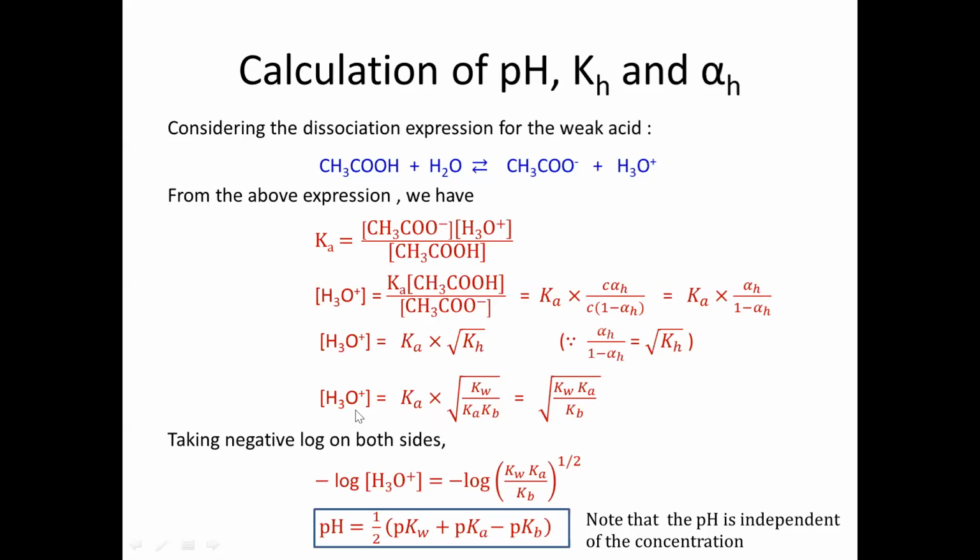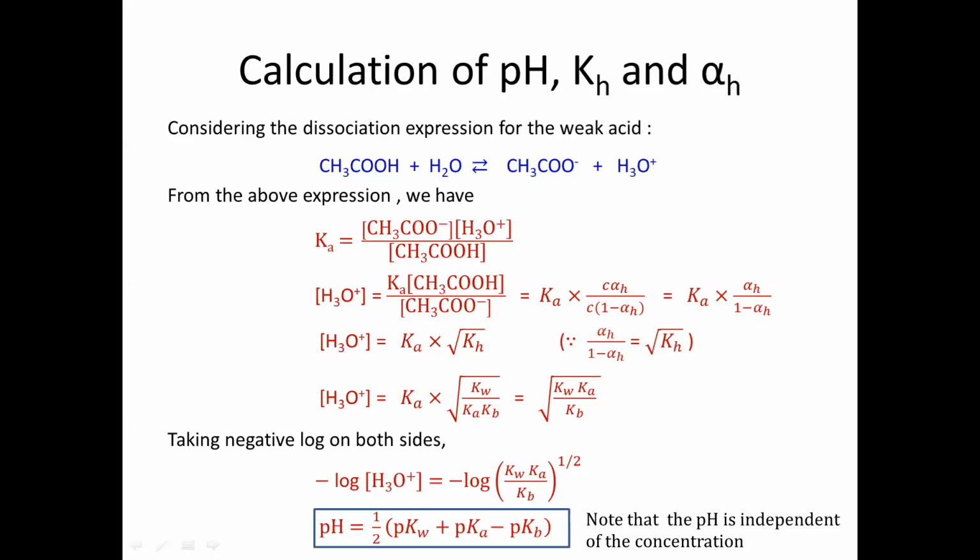So the final expression of H3O plus ions will be equal to Kw into Ka upon Kb, whole under root. To find the expression for pH, we take negative log on both sides, and we get pH equal to half pKw plus pKa minus pKb.